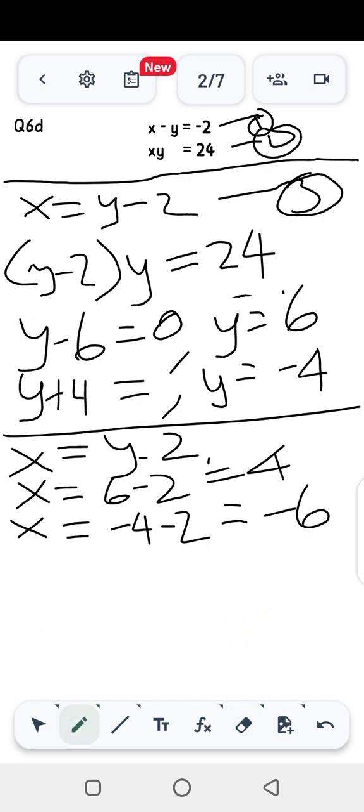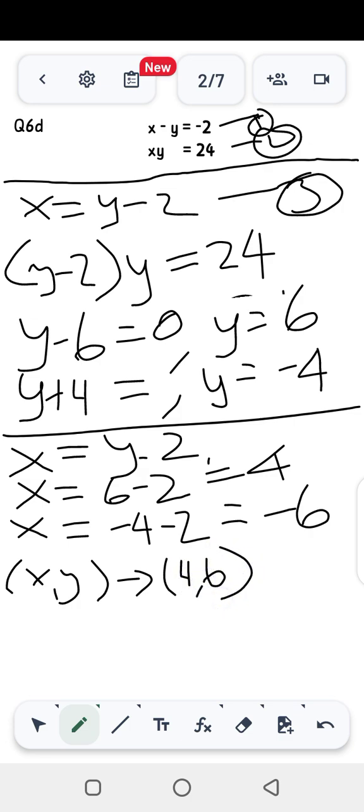So these are the values of x and y. They move in pairs: when y is 6, x is 4.